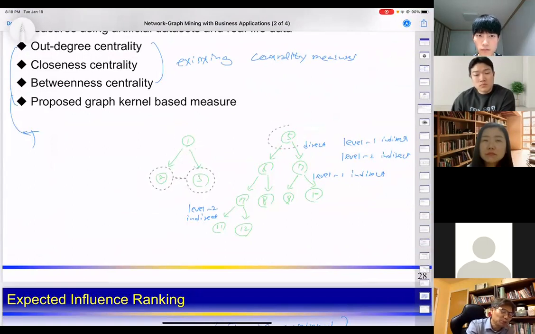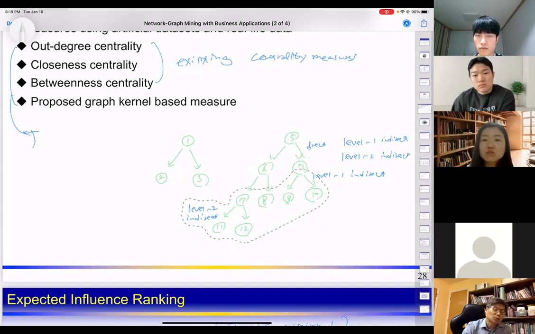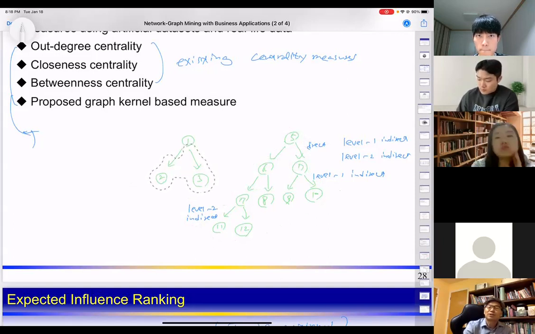If you remove node 5, it affects also direct nodes and many indirect nodes. That's why we call this node a very important one. If you consider only the adjacency matrix, only these two may be affected. Okay. Any other questions?